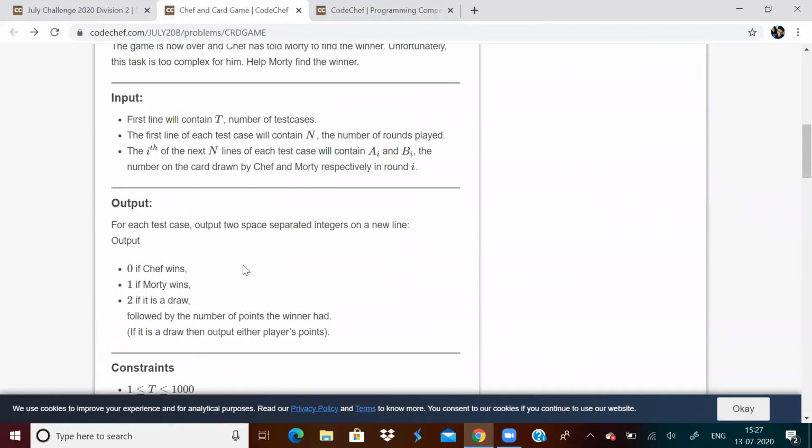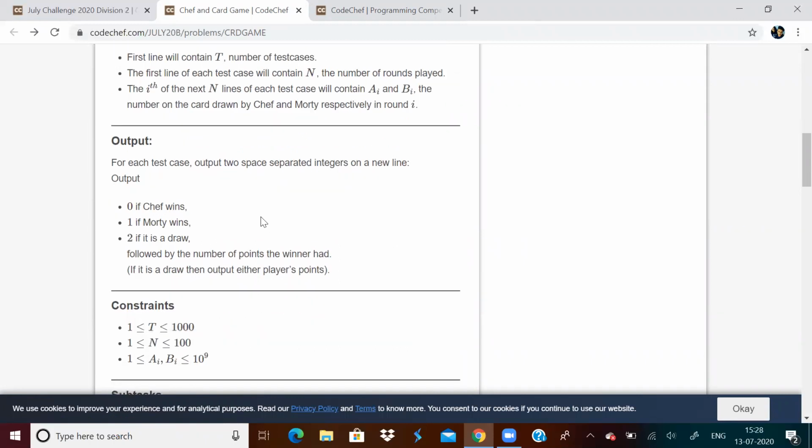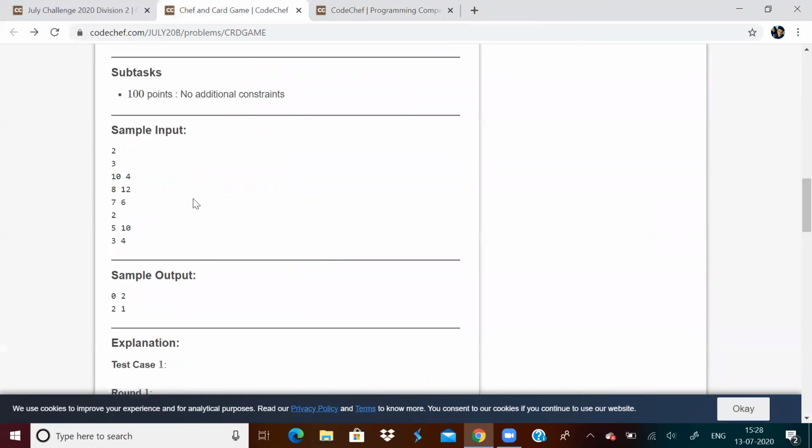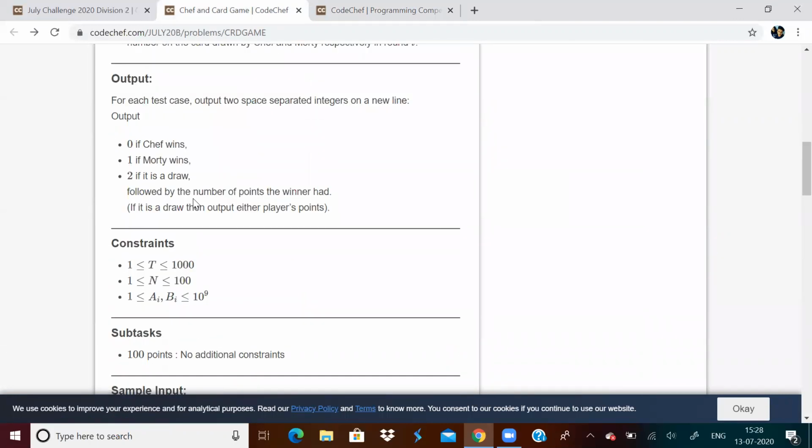Oh, I should also, oh no, wait, output two space separated integers. Okay, I need to also tell how many points the winner had.